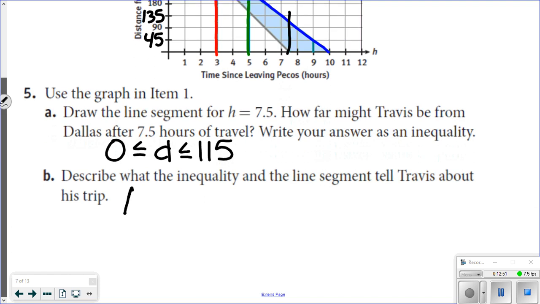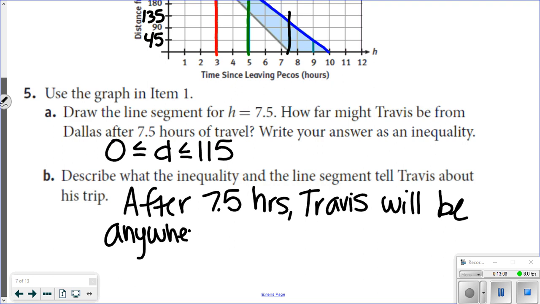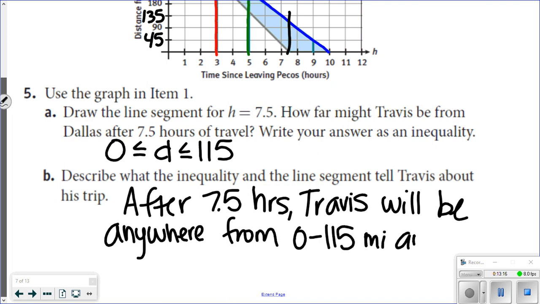So again, after 7.5 hours, he's either at Dallas or he has up to 115 miles left to go.